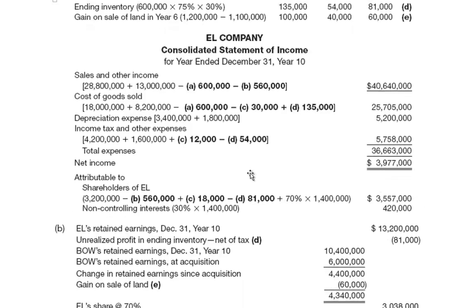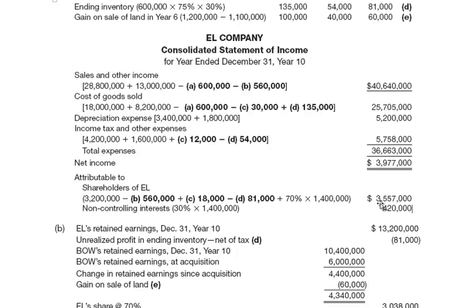The attribution here, you can see, can get quite ugly in a sense, especially when you're calculating the shareholders of the parent. I think it's much easier to do it where we did it in the second video and just look at it when we calculate consolidated net income. It's a little clearer to the student there, I think, what the number should be.